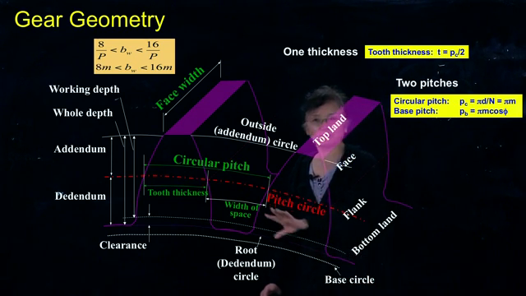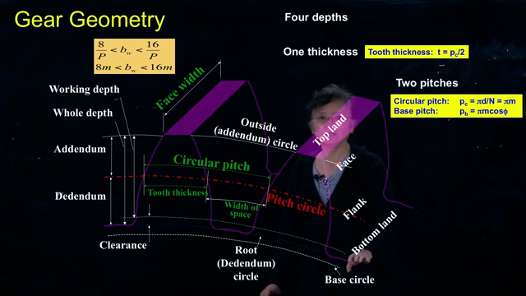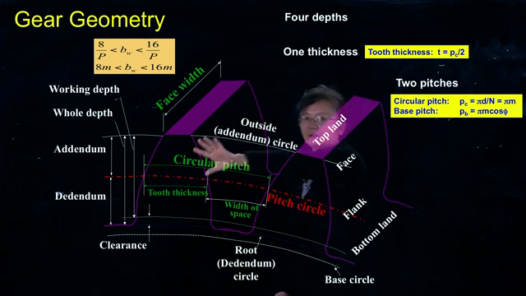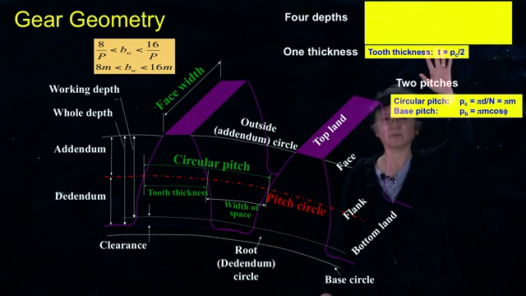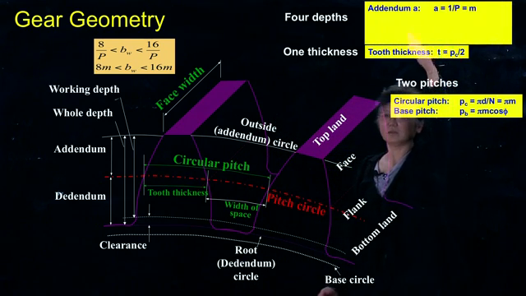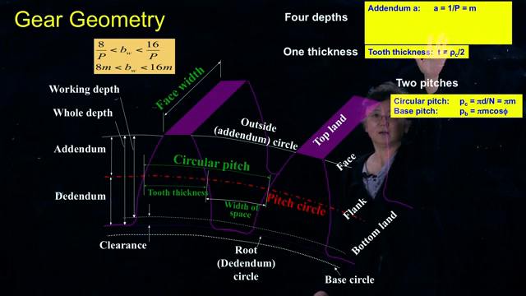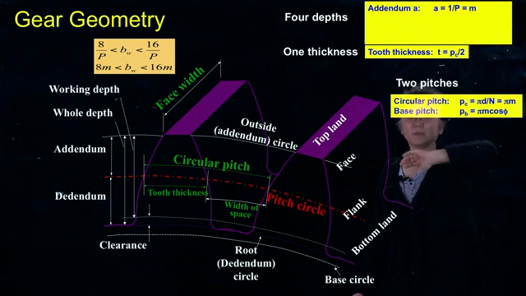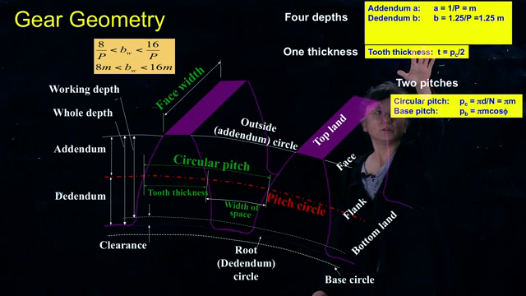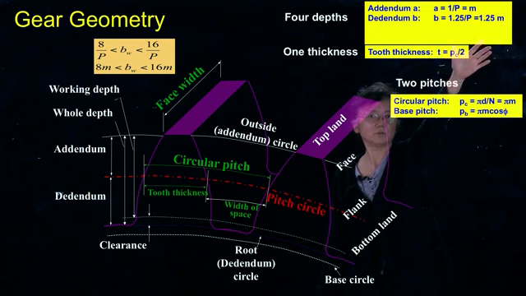So from that we can define 4 depths quantitatively. Addendum, A, equals the module. Dedendum, B, is a little bit larger, 1.25 times the module.